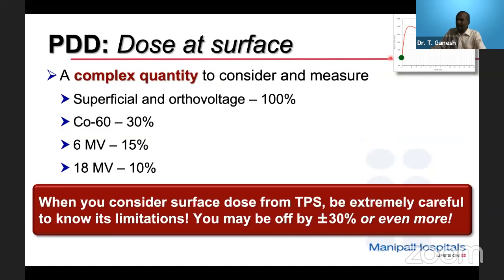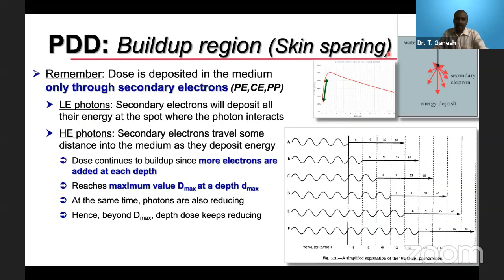So there lies the other difficulty. The third difficulty lies in how it is calculating the dose in the buildup region, because the dose is calculated for voxels, which have specific dimensions, and within those dimensions, the percentage depth dose can completely change. So for all these reasons, the dose at surface is an extremely complex quantity.